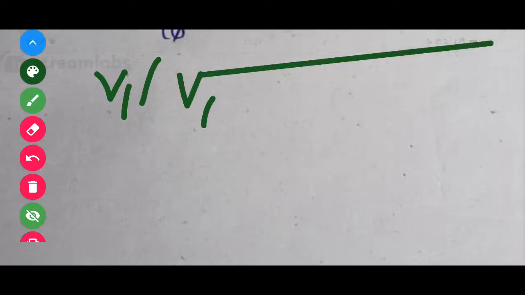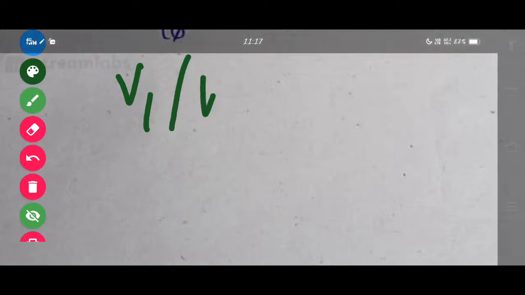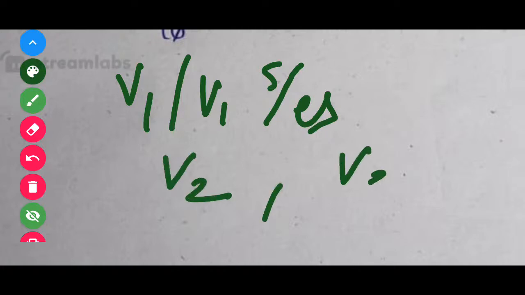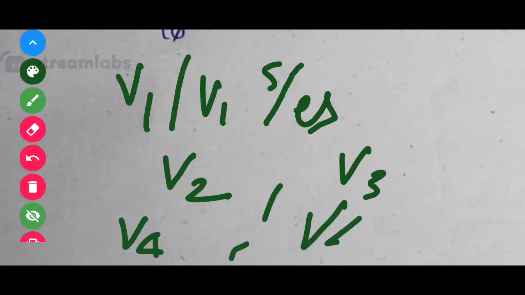Then our next part is we have to understand the difference between the first form itself and the first form along with s or es. You knew, I think. And the next one is second form, then third form, then fourth form, and fifth form.